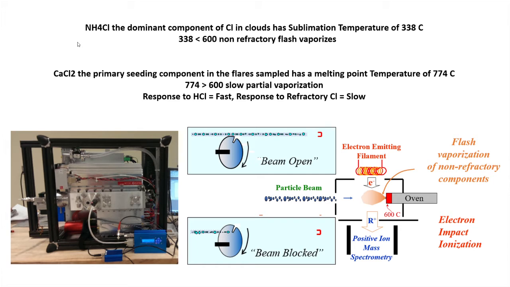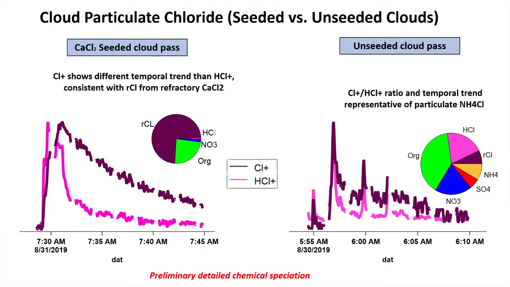However, we can take advantage of that and actually use that to differentiate where our chloride is coming from. So if you look at the time series on the left here, this is from a time when we were right behind and above the seed aircraft, and it started seeding, and you can see chloride just jump up.